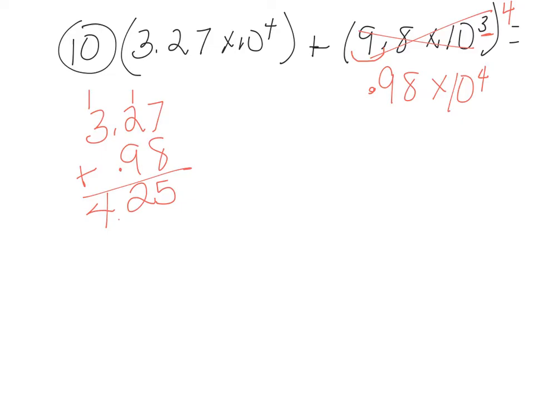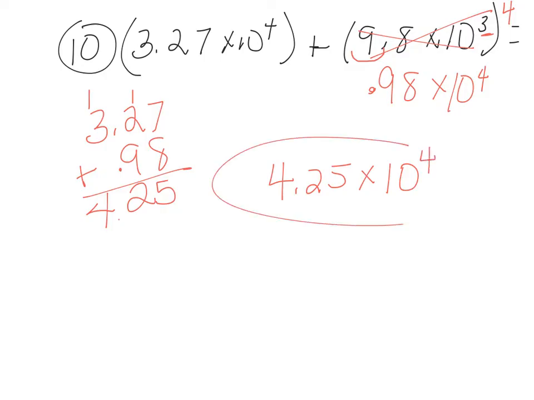So I have 4.25, so my answer is 4.25 times 10 to the 4th. And so that's the answer to 11. Sorry, that was the answer to 10. Now we're on 11.